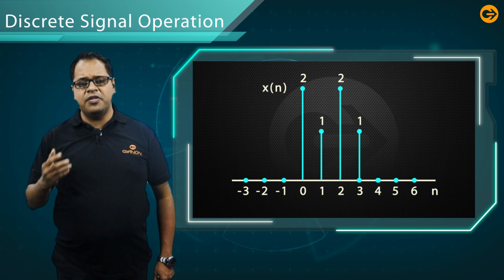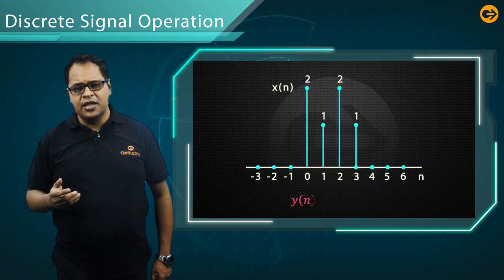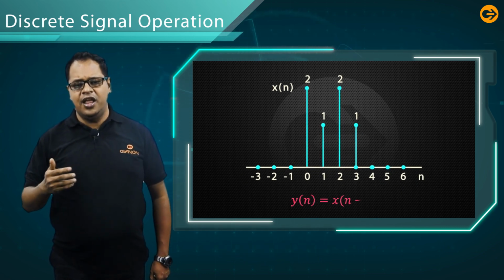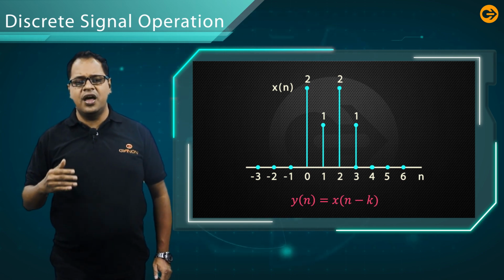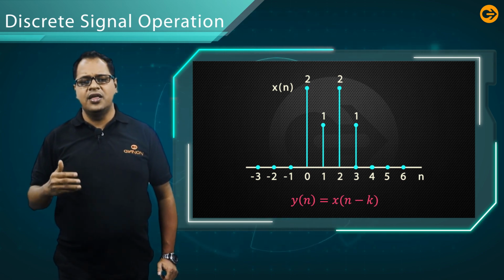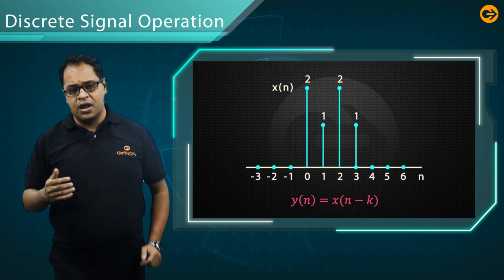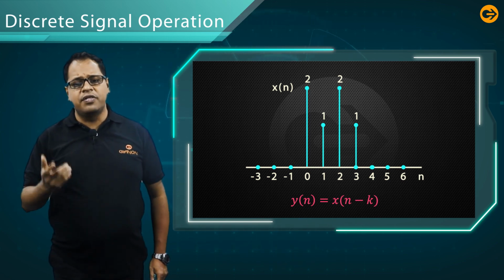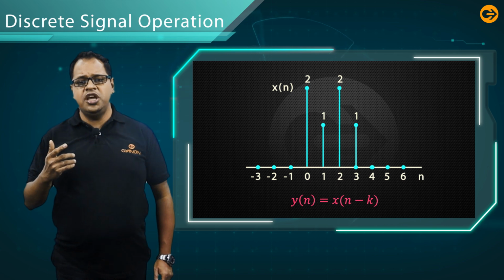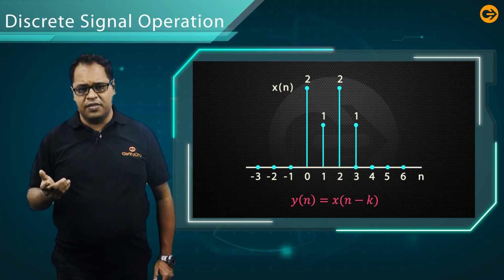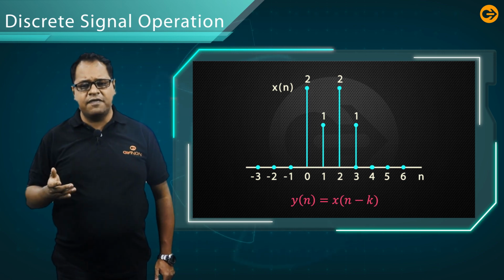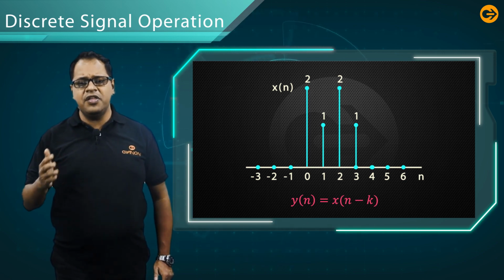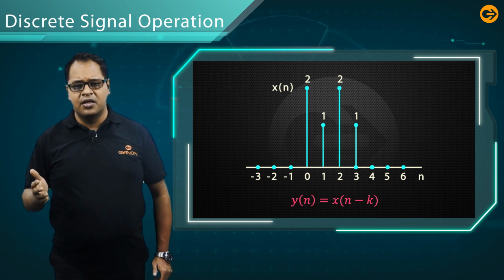Mathematically, it can be represented by y[n] = x[n - k], where x[n] is the input and y[n] is the output signal. Now, if k is positive, the shift delays the sequence. On the other hand, if k is negative, the shifting advances the sequence.